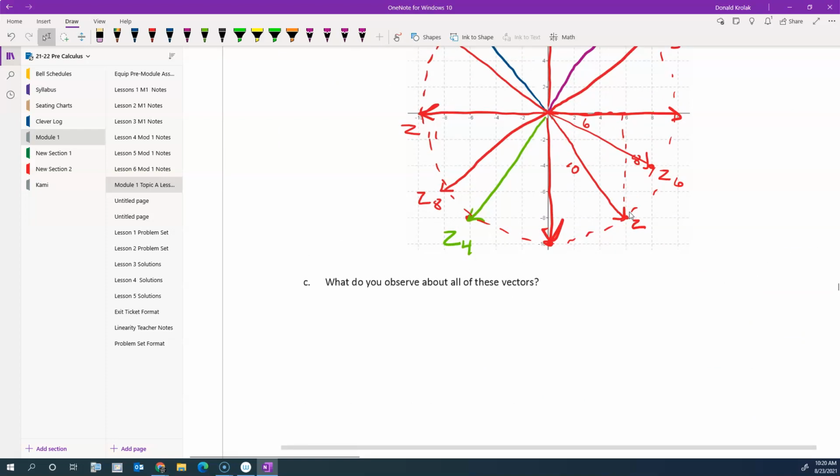They all have the same length and their tips form a circle with radius 10.